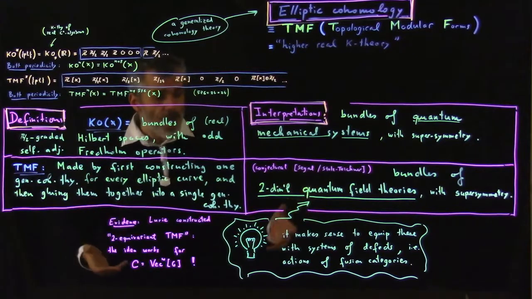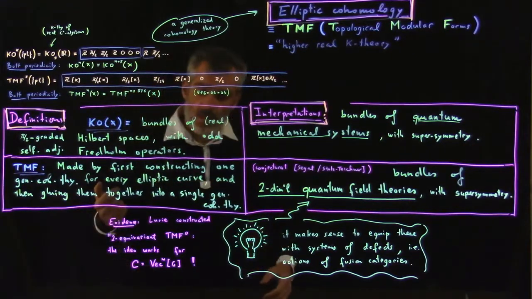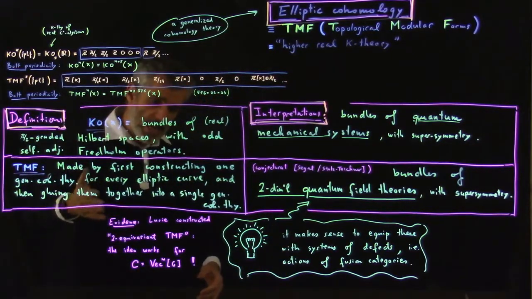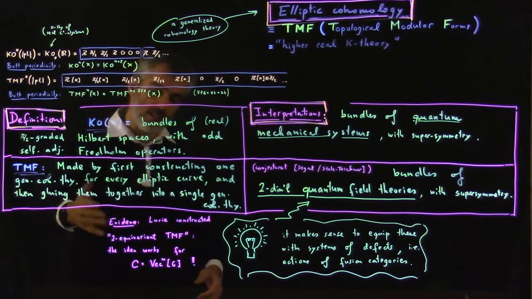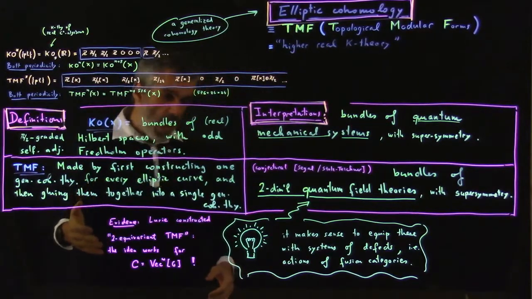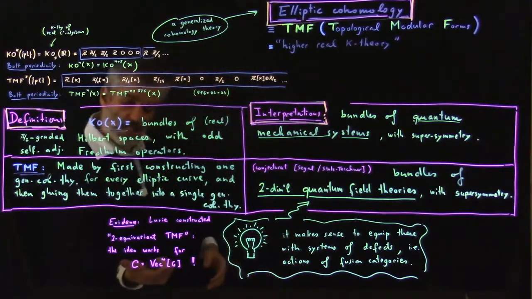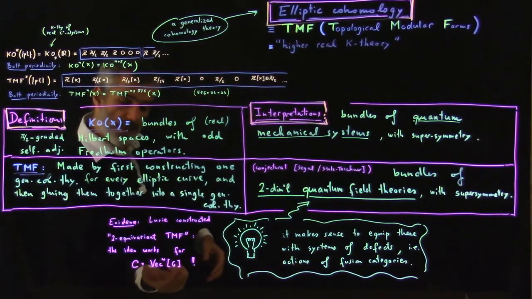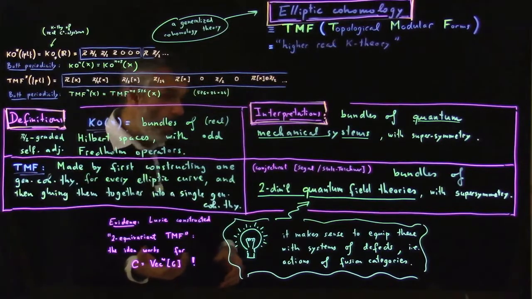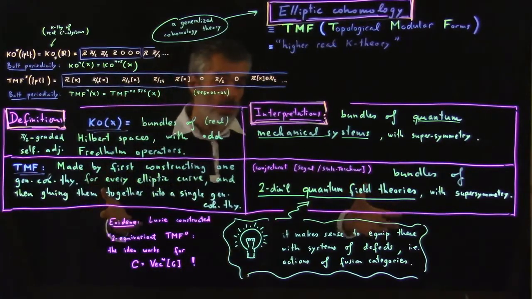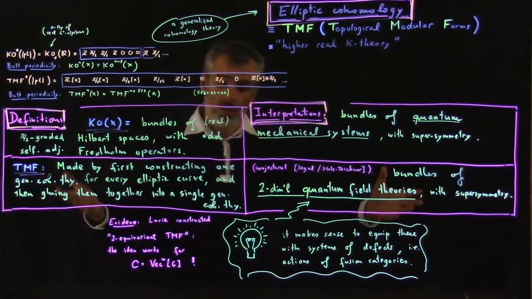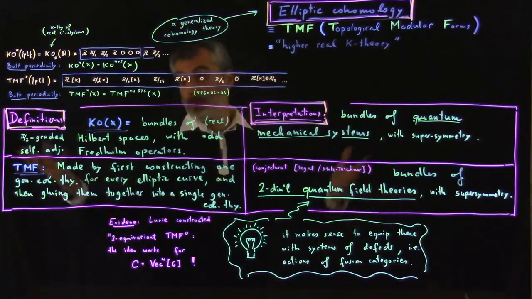And indeed there's some evidence for that, because Jacob Lurie has constructed something that he calls 2-equivariant TMF, and that's exactly what this would be in the case when the fusion category is Vec G omega. And so, yeah, this is a very tantalizing prospect. Of course, this is completely conjectural, but here you go.